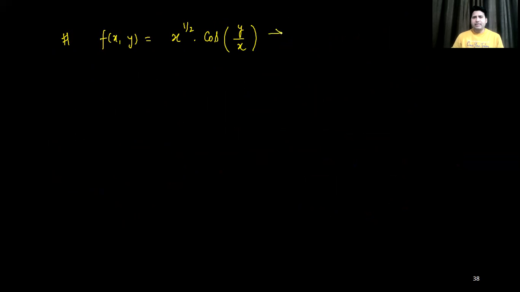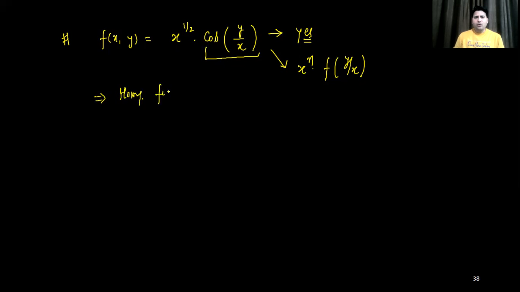Yes, it is absolutely a homogeneous function. Why? Because it is equivalent to the form x to the power n into f of y upon x, because cos of y upon x can be written as a function of y upon x.